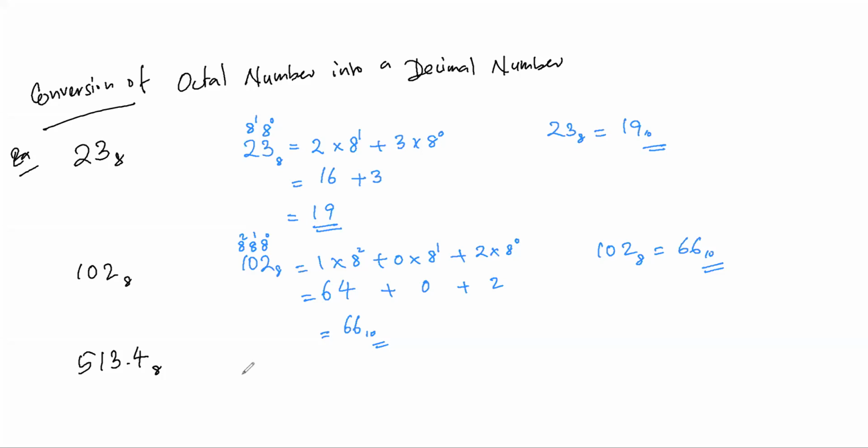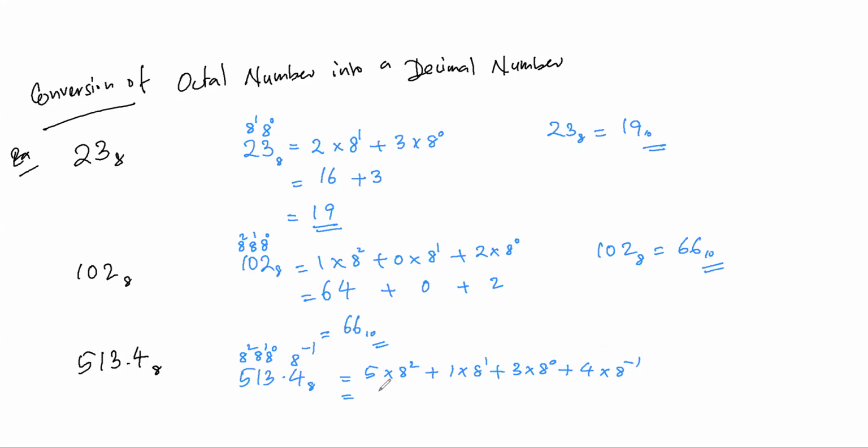Let's look at the next one. We have 513.4 base 8. So this is 8 to the power 0, this is 1, this is 2, this is minus 1. So we can say 5 into 8 to the power 2 plus 1 into 8 to the power 1 plus 3 into 8 to the power 0 plus 4 into 8 to the power minus 1. Right.